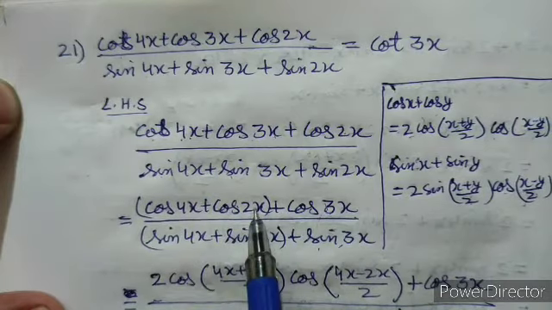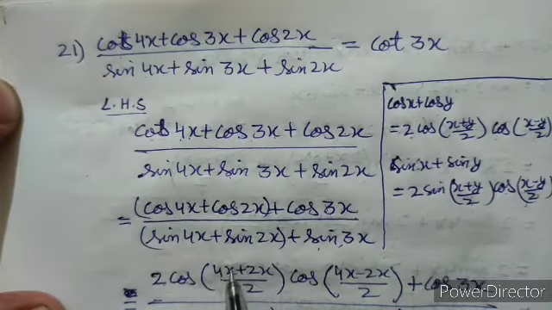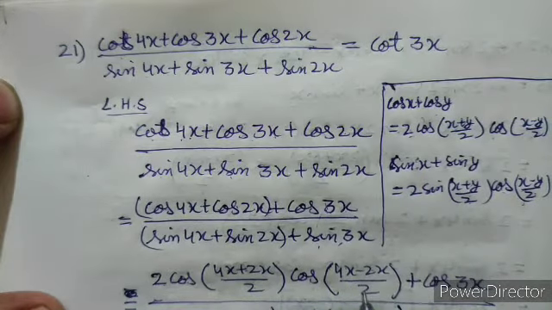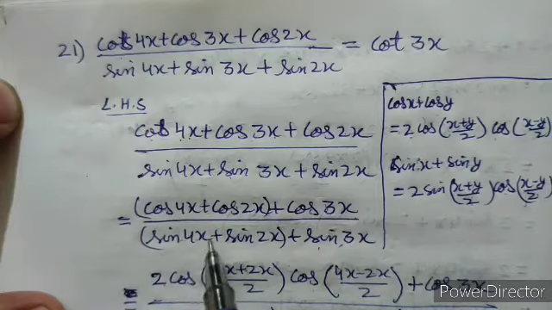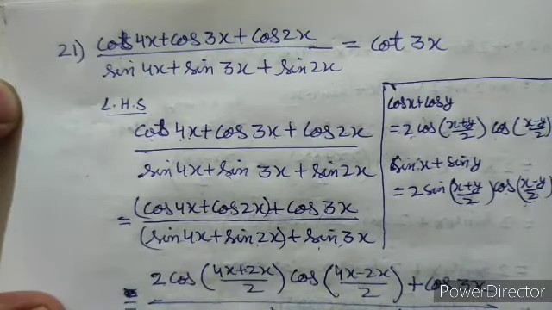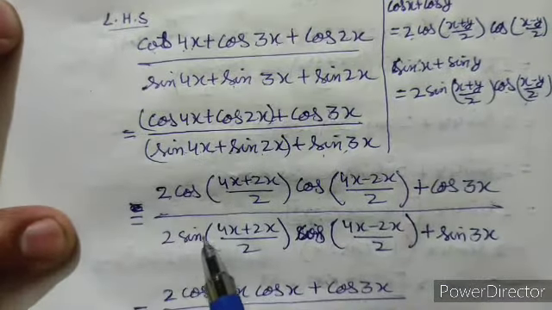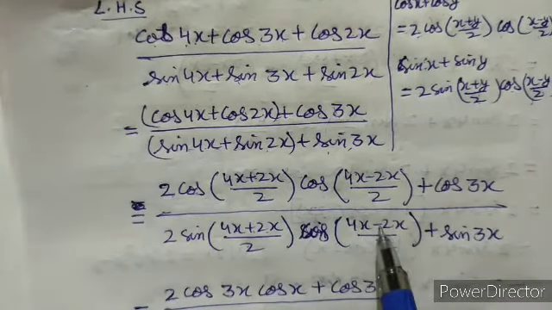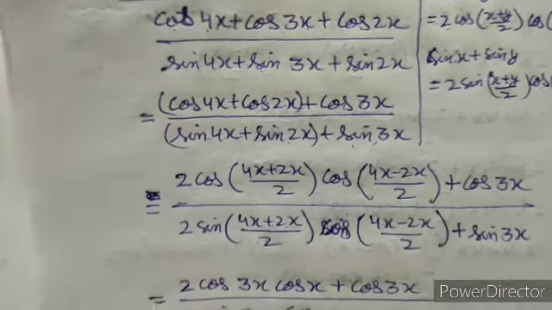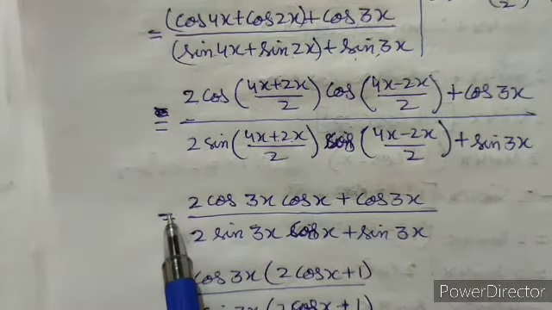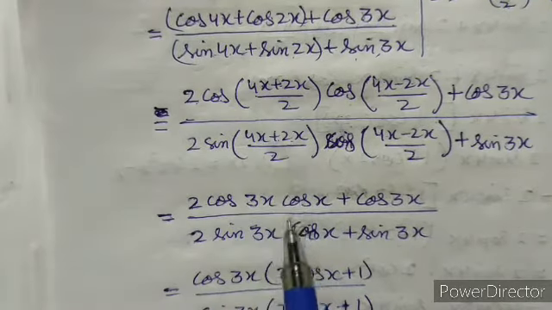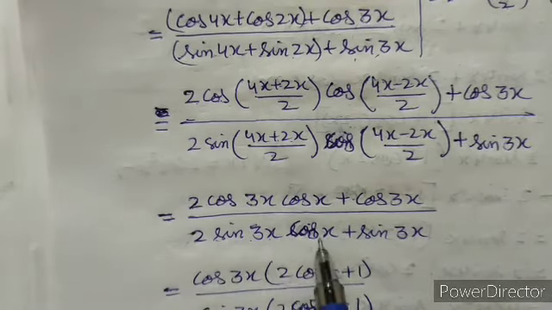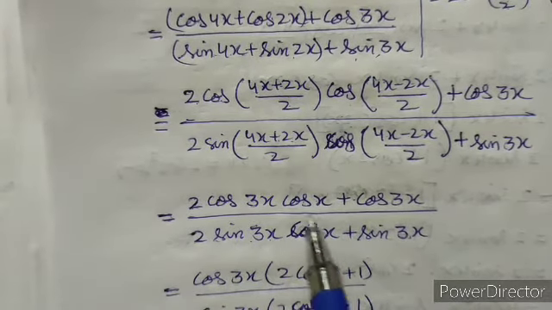Cos 4x plus cos 2x can be written as 2 cos (4x plus 2x upon 2) cos (4x minus 2x upon 2), and sin 4x plus sin 2x can be written as 2 sin (4x plus 2x upon 2) cos (4x minus 2x upon 2). And this on solving will be equal to (2 cos 3x cos x plus cos 3x) upon (2 sin 3x cos x plus sin 3x).